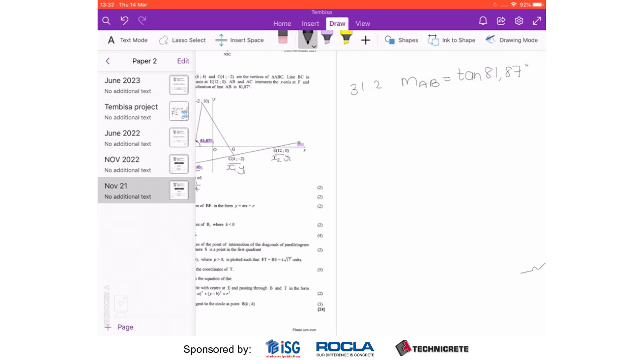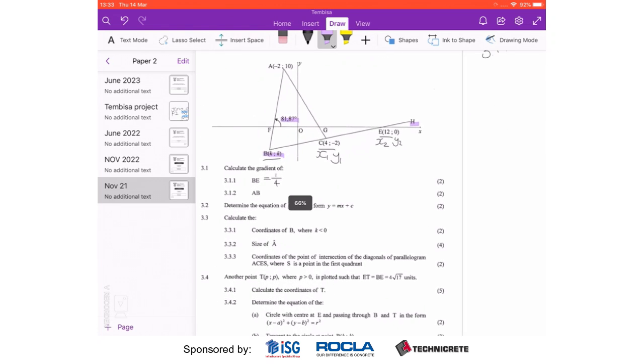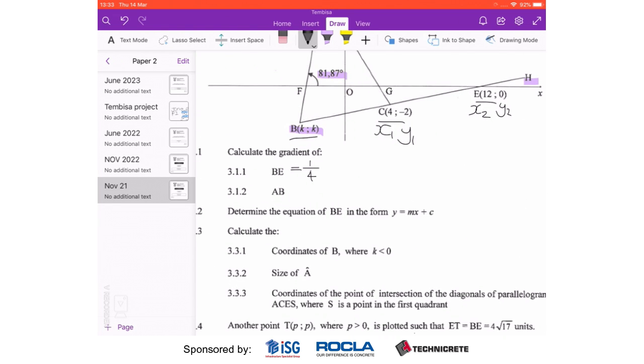And if we put that into our calculators, the gradient is 7. A simple 2-mark question for substitution and the answer. So here we got the gradient of AB to be equal to 7.